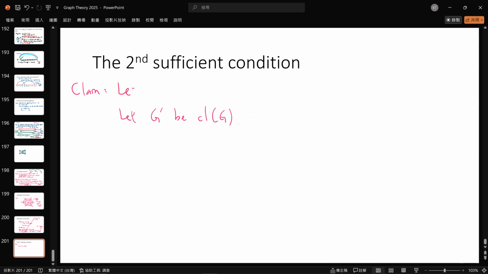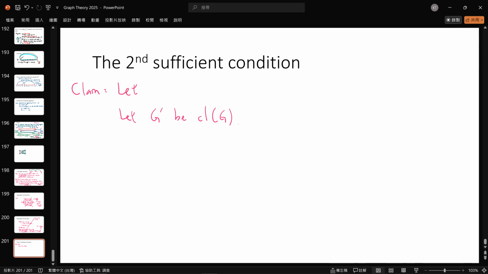And for the second condition, we will consider not just the minimum degree, we will consider the degree sequence. Okay, so recall that in the first week of this course, we discussed whether a given degree sequence is graphical or not. So today we're going to discuss whether a given degree sequence has a Hamiltonian cycle or not.